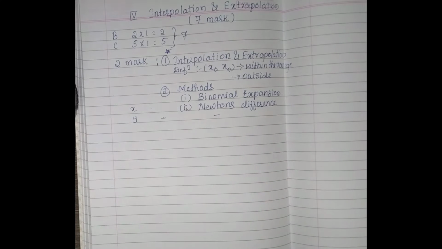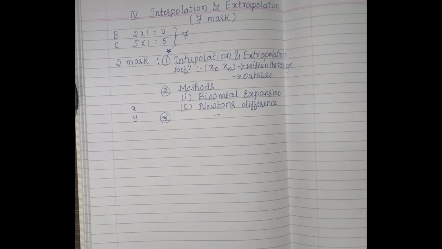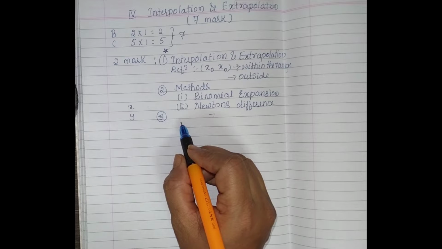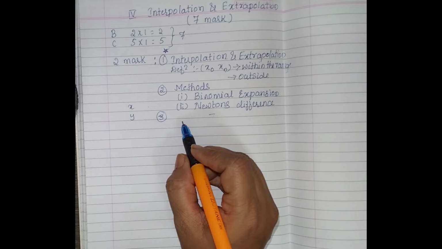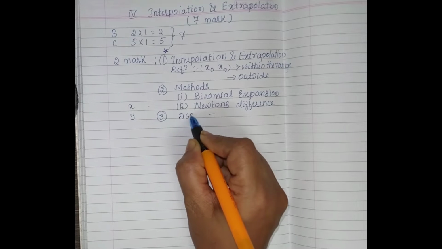They may ask what are the methods of interpolation and extrapolation. Then the third question: the assumptions of interpolation and extrapolation. Write down the assumptions of interpolation, they may ask.